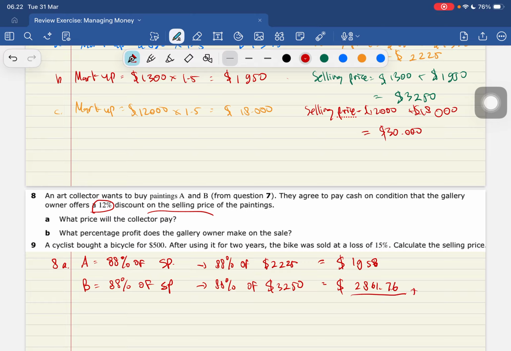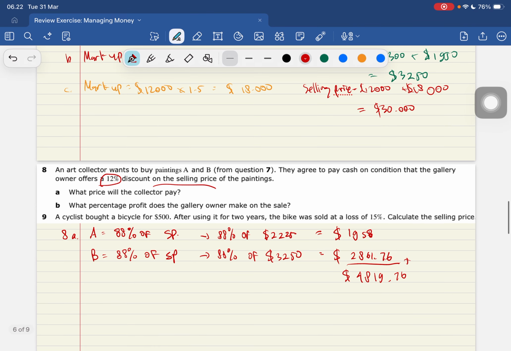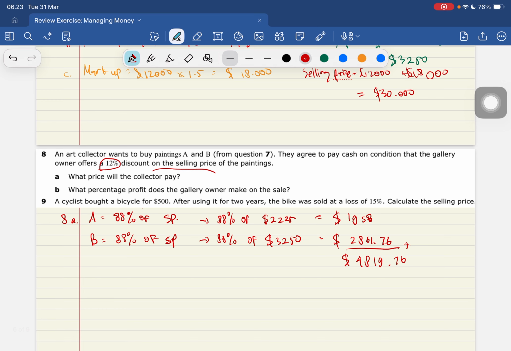We can add the totals of both of them. So they need to pay 4,819.76. Okay, what percentage profit does the gallery owner make?